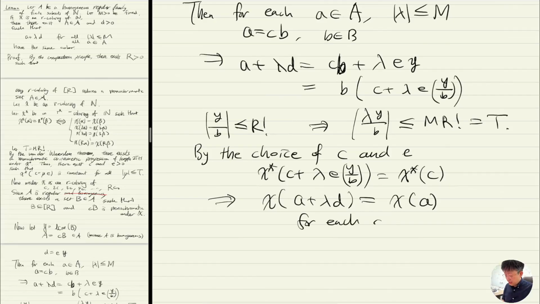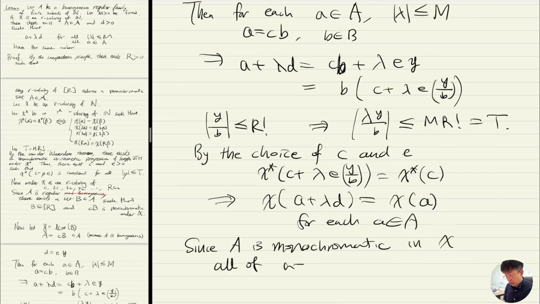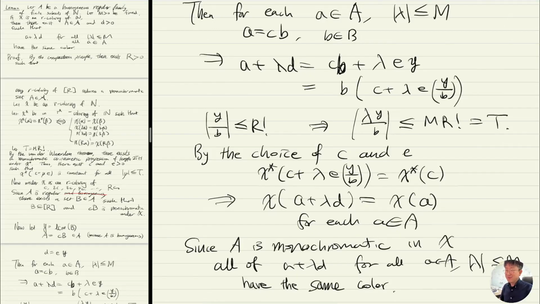This is true for each a in A. And since A is monochromatic in chi, all of a plus lambda d for all a in A and lambda less than or equal to m have the same color. Okay, so that's the proof of the first lemma.